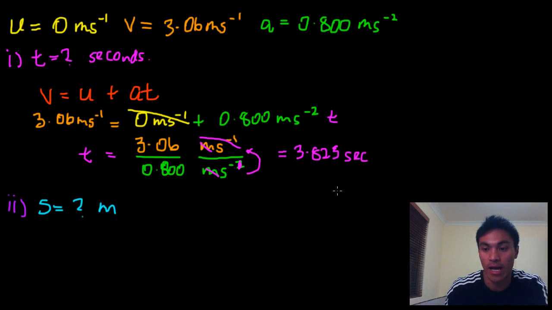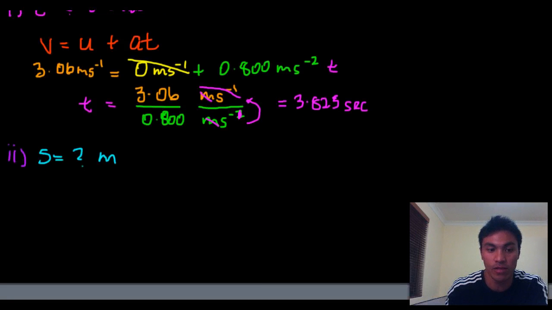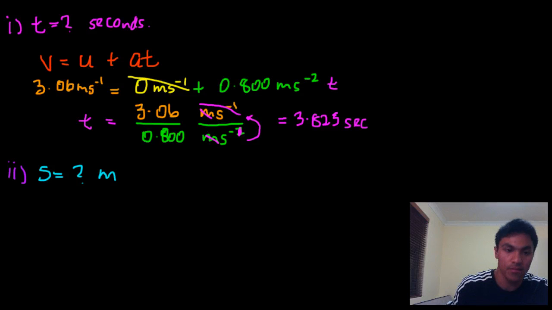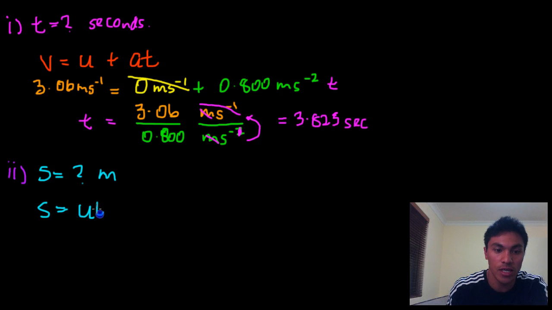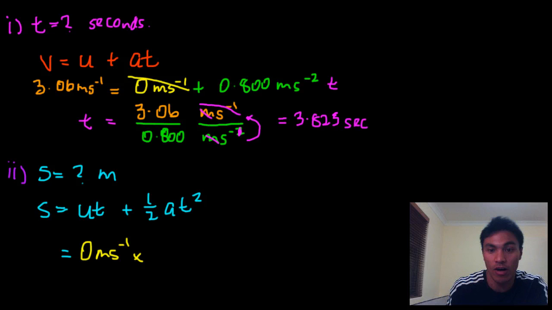If you have a look at the kinematics equations, the one you will need is s equals ut plus half at squared. And here we actually have all these terms. The first term, if I plug it in, is 0 meters per second multiplied by our time, 3.825 seconds, which equals 0.